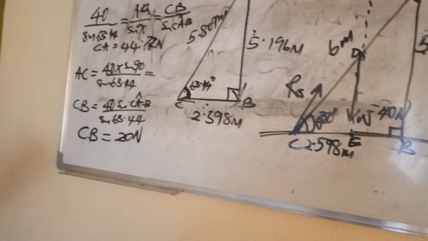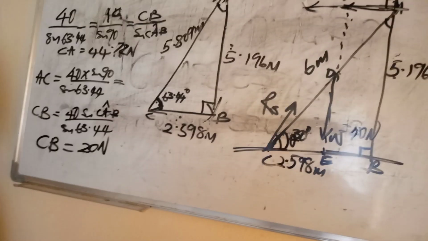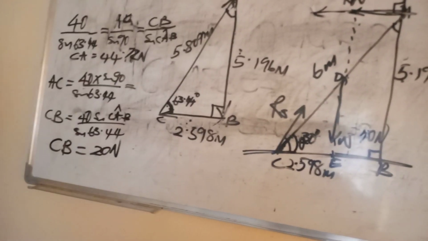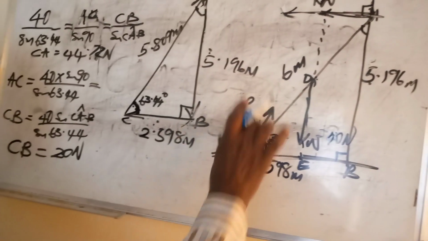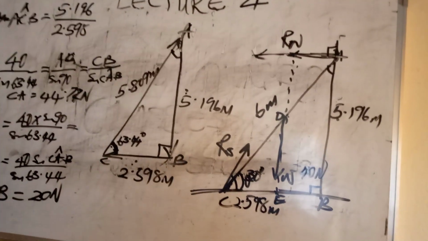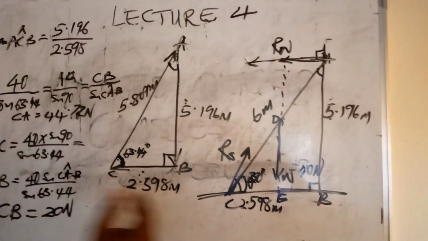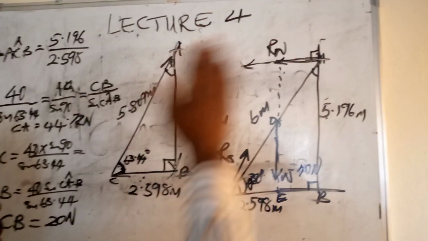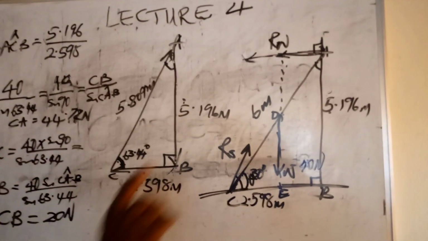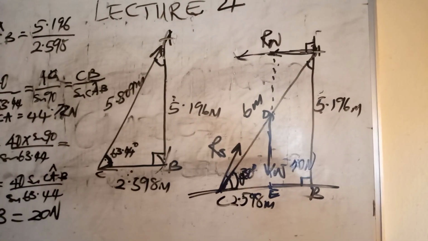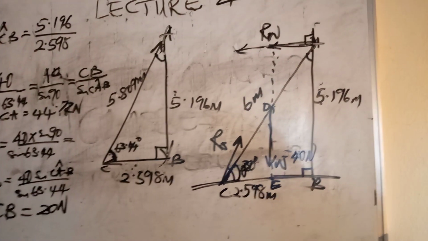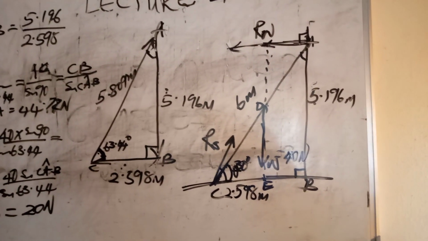So with this, if a ladder is inclined to a wall, and we're supposed to get the reaction of the wall against the ladder and the reaction of the ground against the same ladder, especially if the wall is smooth, the reaction will be normal to the wall, while because the ground is naturally not smooth, the reaction will be at an angle.